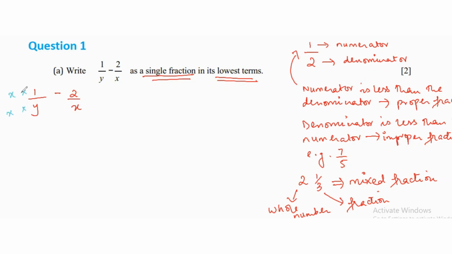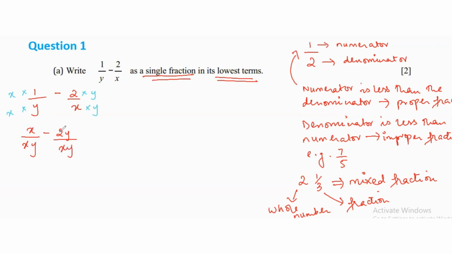Now the x will be multiplied to both the numerator and denominator. Similarly, in the second fraction, we can multiply the numerator and denominator with y. So now the new fraction becomes x over xy minus 2y over xy.